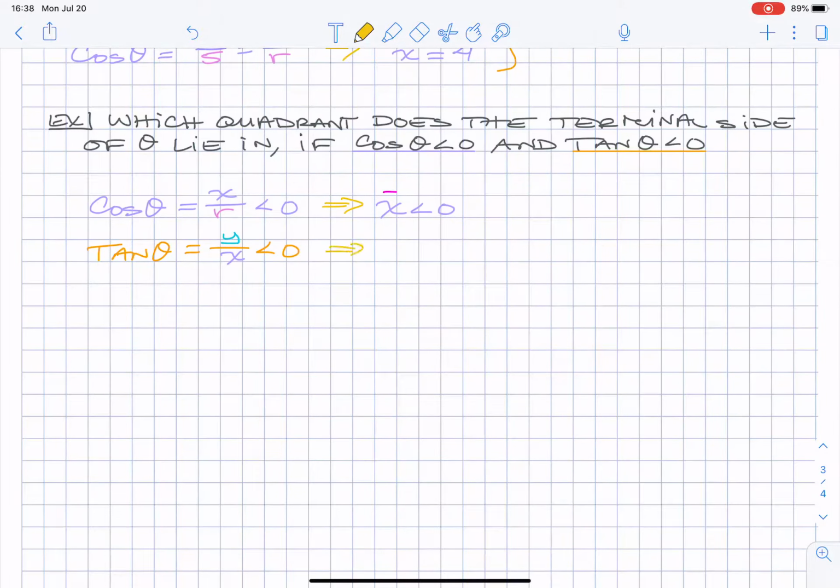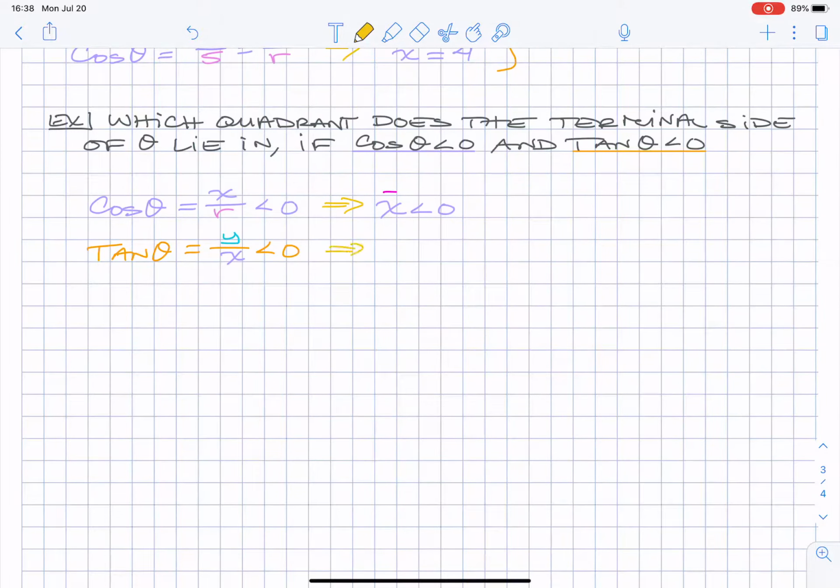Okay, well, let's look at cosine of theta in quadrant 2. Well, in quadrant 2, x is negative, so this will be less than 0. Then sine, which corresponds to y over r, is still positive. Actually, let me move these up to be in the same spot.